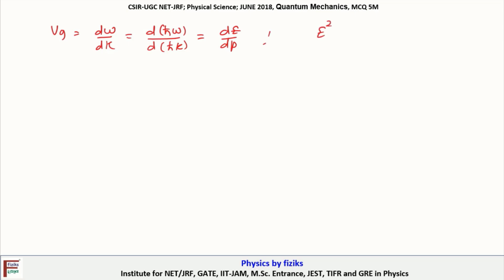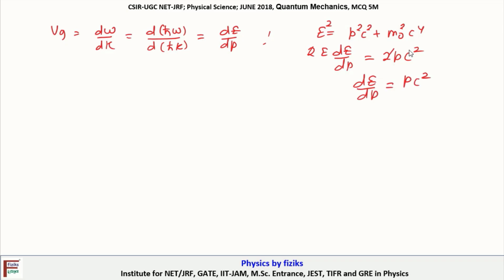So further, from the relation E squared equals p squared c squared plus m naught squared c to the power 4, twice E del E by del p is equal to 2p c squared. 2 and 2 cancel, so del E by del p will be pc squared by E. Vg will be del E by del p equals pc squared by E, which can be written as c squared by E by p, or c squared by Vph.